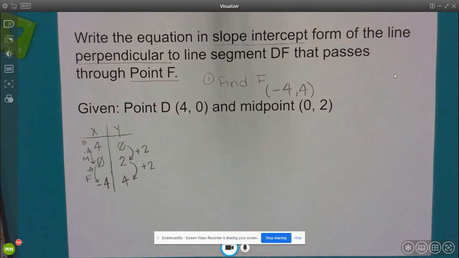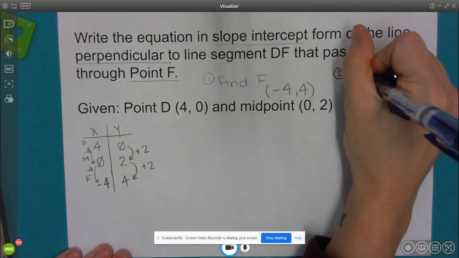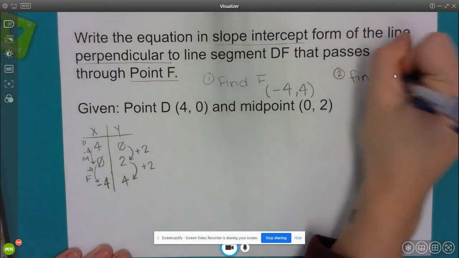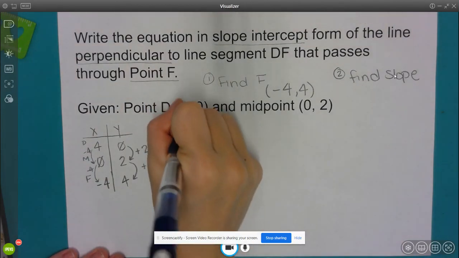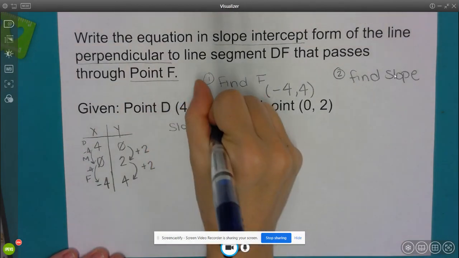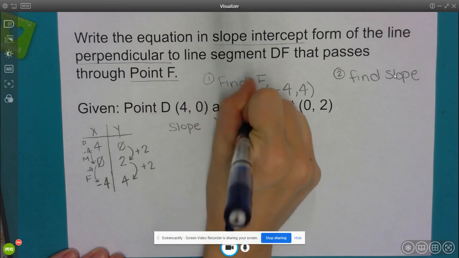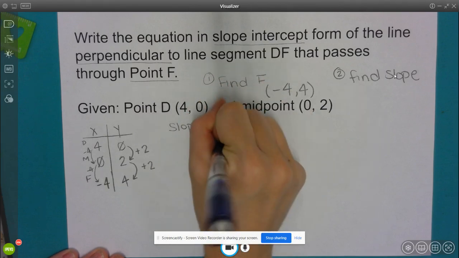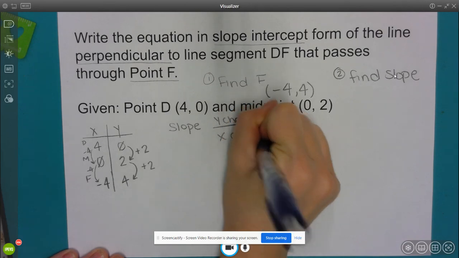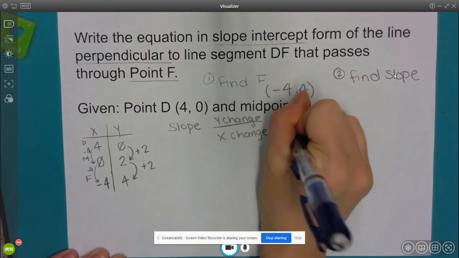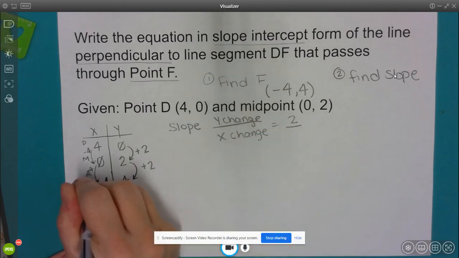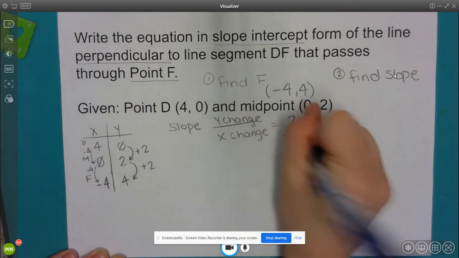Now I already have enough information just in my table to find the slope, because that's the second thing I needed to do, because I don't know the slope at this very second. So slope is the y change over the x change. Well, the y change is 2. The x change was -4.